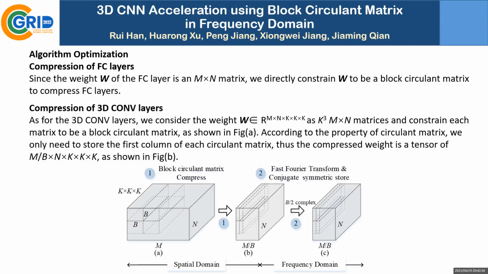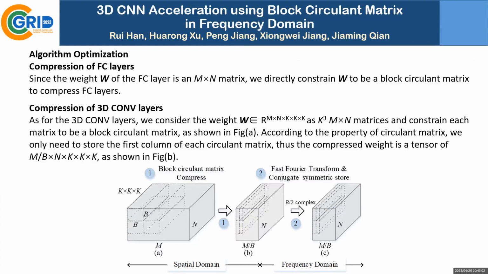We then describe how to compress a 3D CNN using circulant matrix. First, for the fully connected layer, since the weight W is an m by n matrix, we directly constrain W to be a block circulant matrix to compress the fully connected layer.